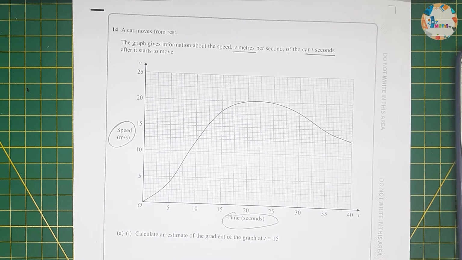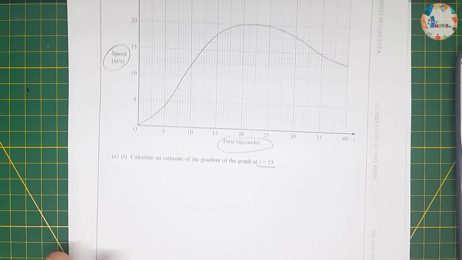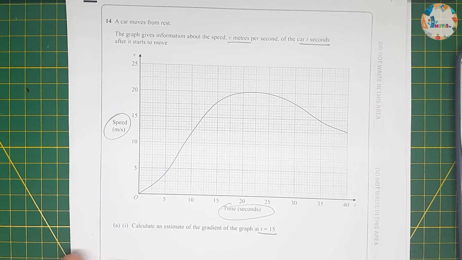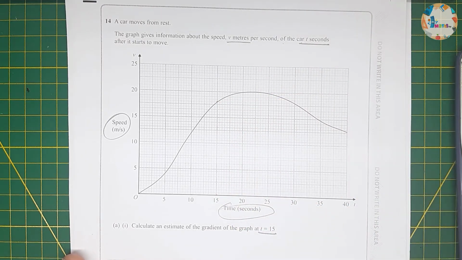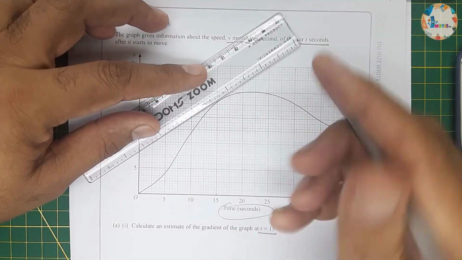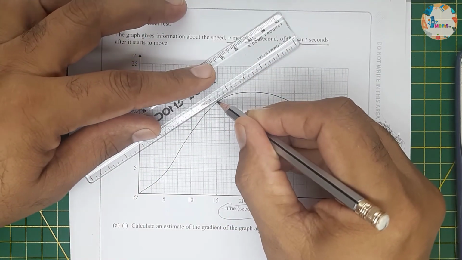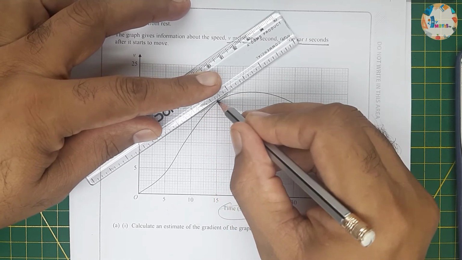Calculate an estimate of the gradient of the graph at t is equal to 15. So t is equal to 15 is this one. Over here we have to draw the gradient. The gradient means the line should touch the curve only at a single point.